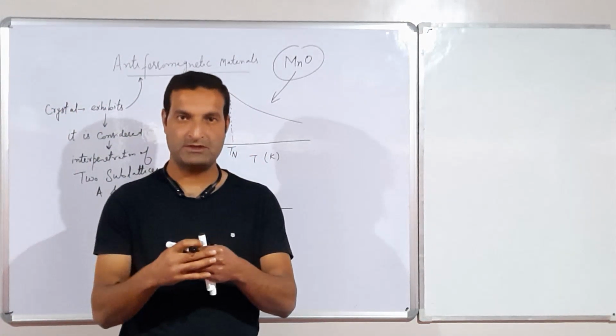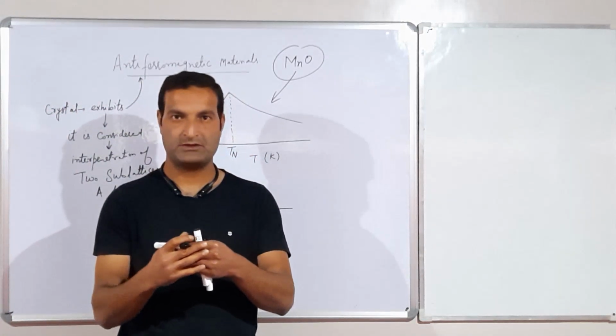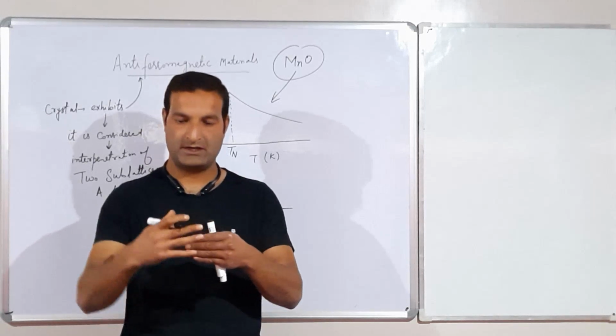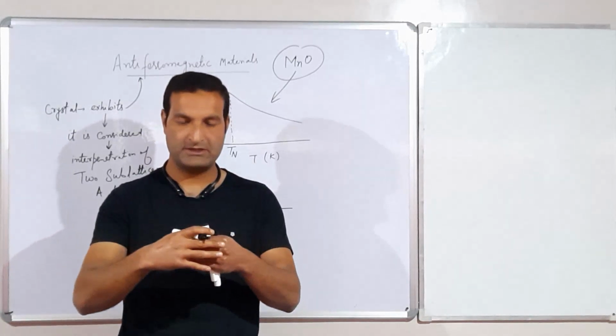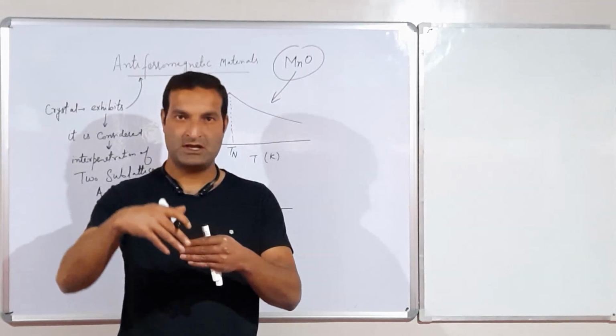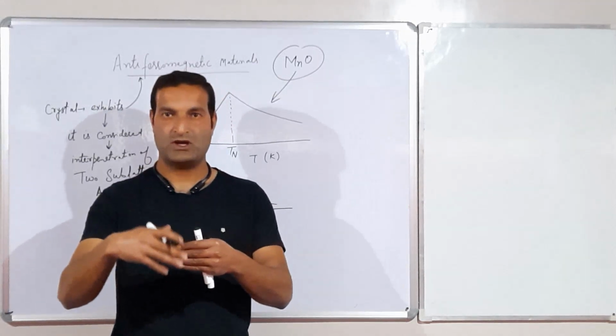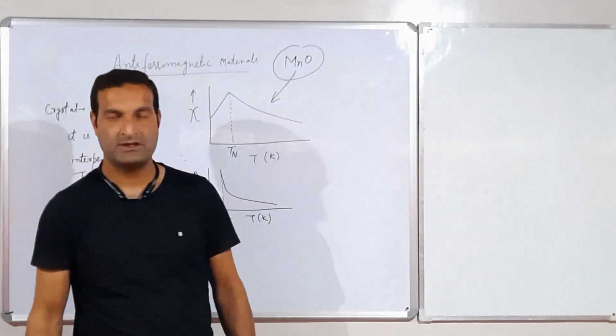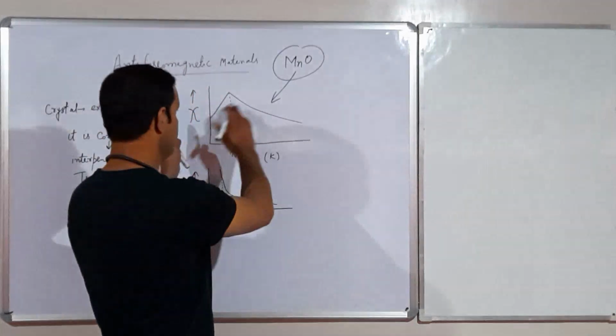In one sublattice, the magnetic moments are in one direction, and in the second sublattice, the magnetic moments are in the opposite direction. On the basis of this explanation, we can explain this behavior completely.